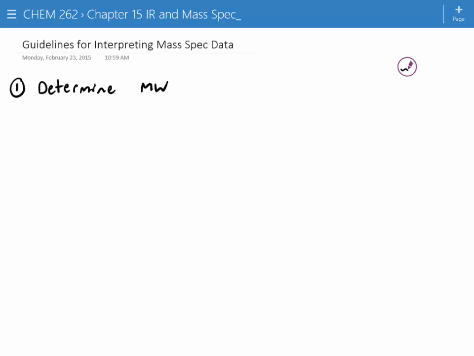Which peak will tell us? It's not necessarily the highest one, but it's going to be the most intense one in that highest fragmentation peak. So it's going to be that parent radical cation peak. So it's going to be the most intense peak furthest to the right. The second thing we can do is look at the peak that's just right above it. And this will determine the number of carbons.